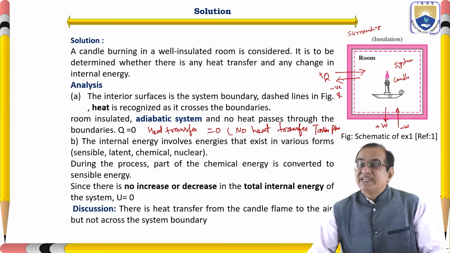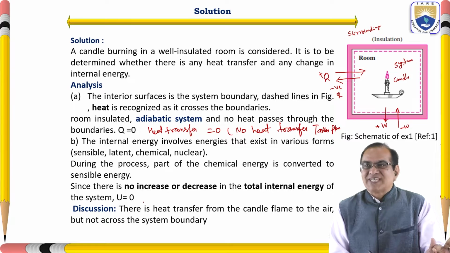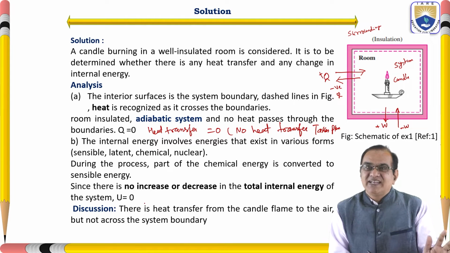So here it is giving heat, but inside all are same, because the candle is a part of the system. So it is inside, it is burning. So total internal energy will also be the same. So there is no heat transfer and there is no increase or decrease in the internal energy.